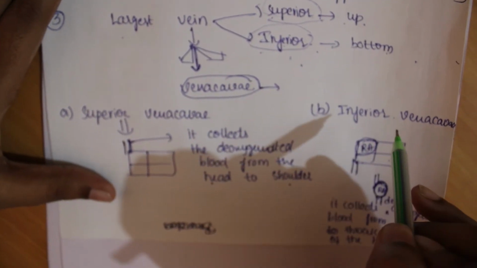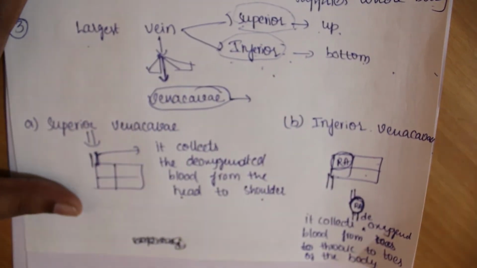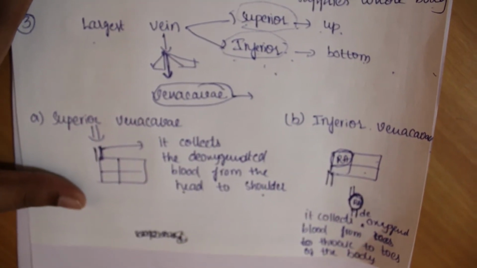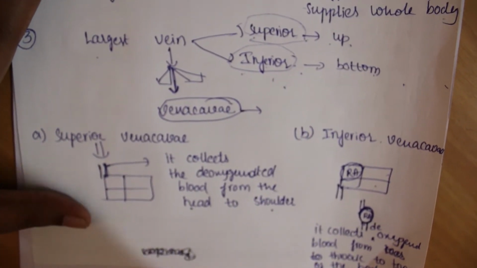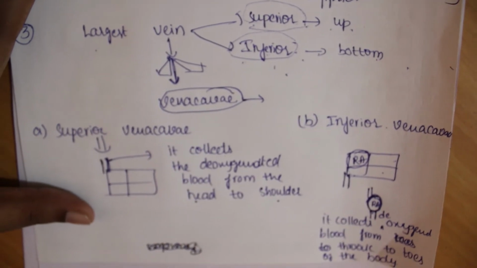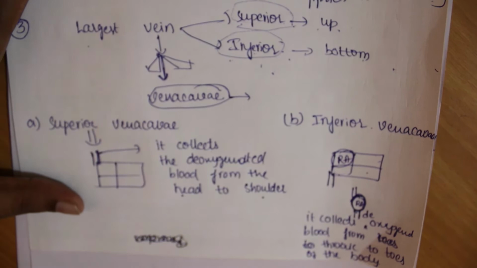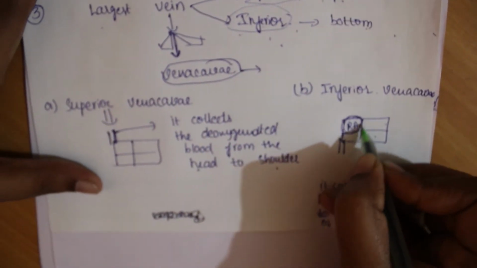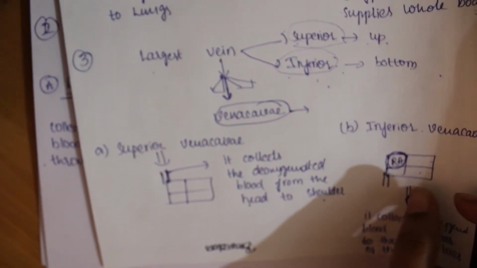The second reason it is divided into two is to collect the whole blood, so that it can easily collect the deoxygenated blood from the whole body. The blood from the whole body enters only the right auricle of the heart. These are the vena cavas.